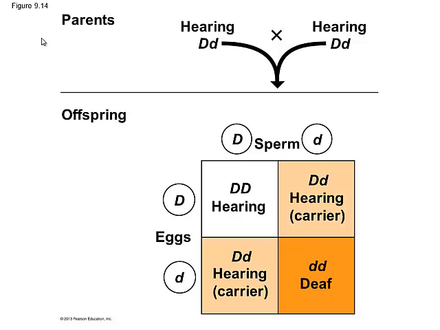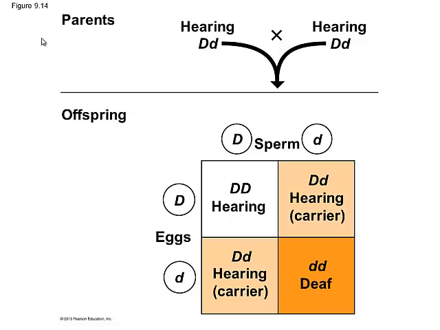So this is a hearing disorder, deafness. It's a recessive disorder. If I have two parents who are heterozygous for this disorder, and they mate, the chances that they have a deaf offspring are going to be 1 in 4.